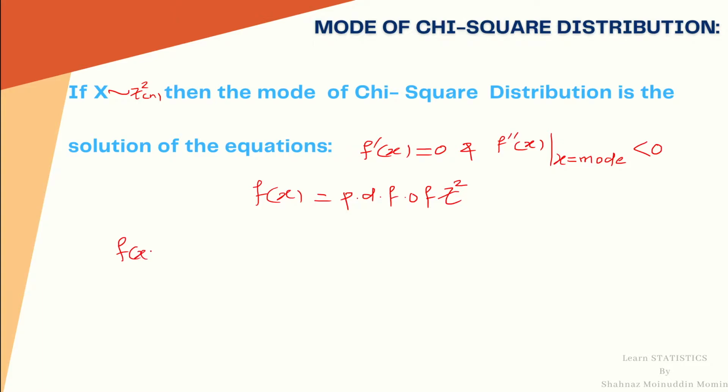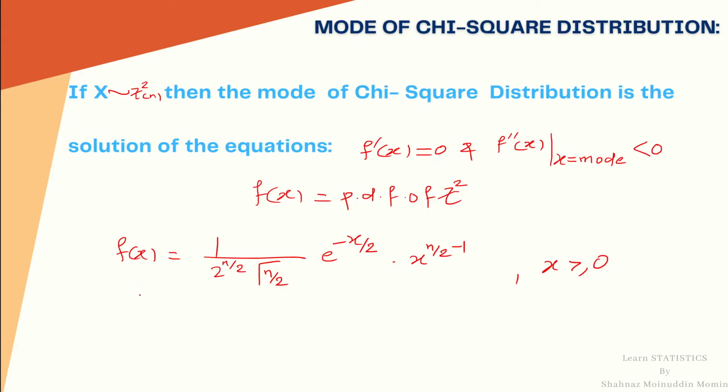We know that the PDF of chi-square distribution is 1 upon 2 raised to n by 2 gamma n upon 2, e raised to minus x by 2 multiplied by x raised to n upon 2 minus 1, for x greater than or equal to 0.